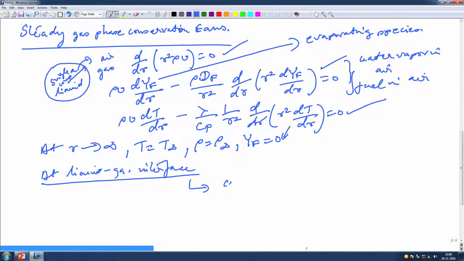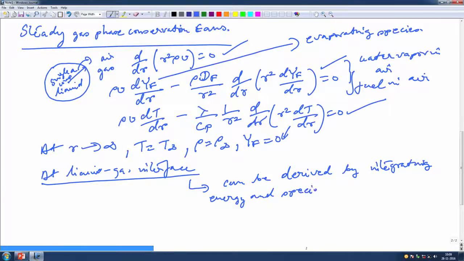Let us write it. It can be derived by integrating energy and species across R equal to A, that means across two sides of the interface, and we usually do it in terms of enthalpy.